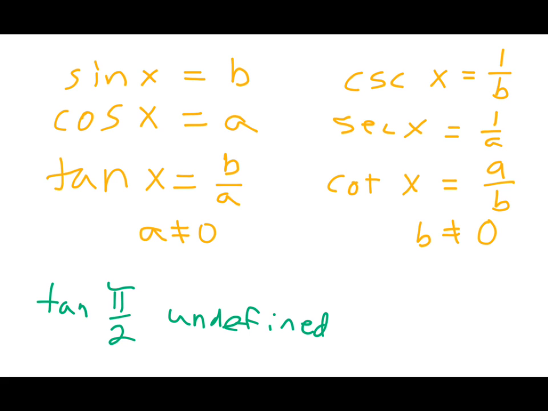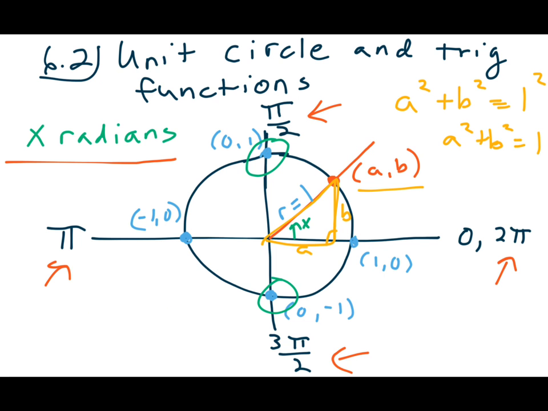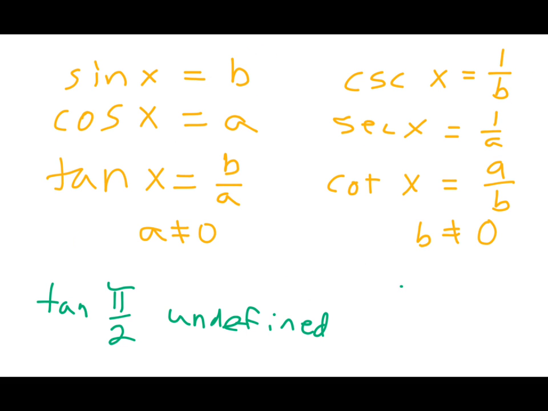Just like on the other one, b can't equal 0. For cotan, that's going to be here and here. Okay, so cotan of pi or 2 pi or anything like that is going to be undefined. Any multiple of just pi.